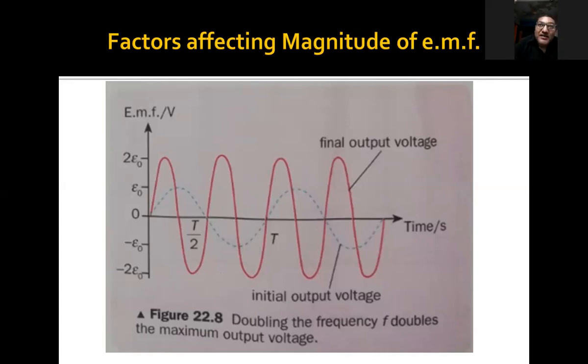But the time period of that induced current will become half, and the frequency will be double. If the frequency of the current previously was 25 hertz, now it will become 50 hertz. I hope you have understood that we are studying the factors by which we can change the EMF, the amount of current, and the frequency of the current induced in an AC generator.